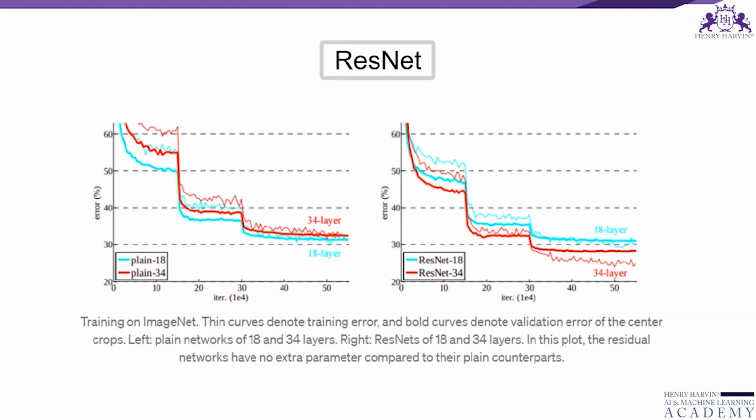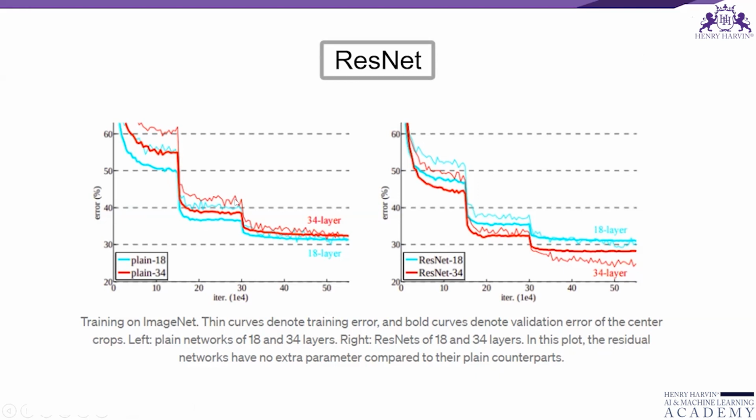If they have a deep network, which means a lot of non-linearities and parameters, it should be able to at least overfit the training set. But what happened was, as they increased the layers from 20 to 56, this is the test set error and this is the error on the training set.